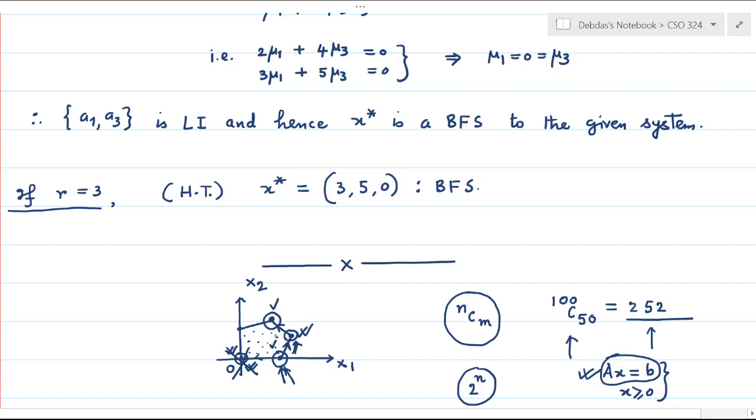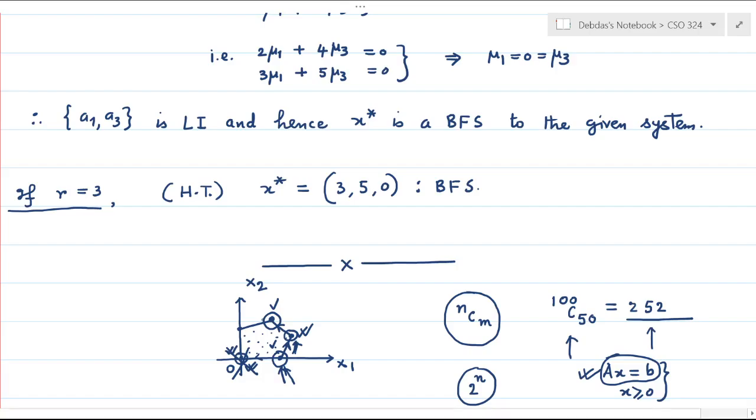Fine. So in this way we will approach solving a linear programming problem. We will try to visit as few basic feasible solutions as possible, and jumping from one BFS to another BFS will be just a simple calculation, and that simple calculation will be known to us very shortly, and that is the simplex method.